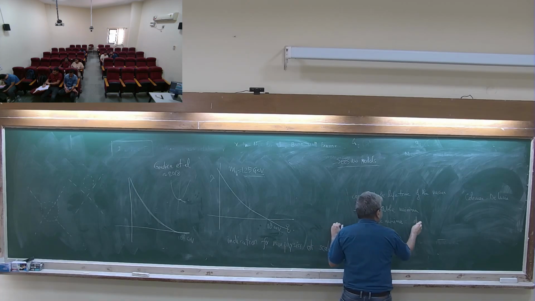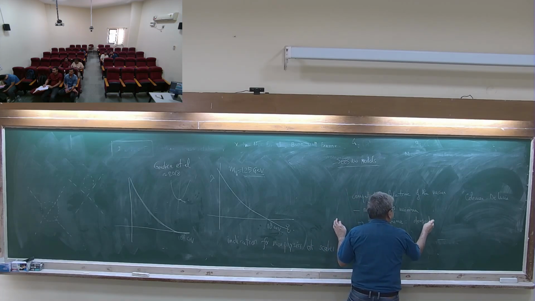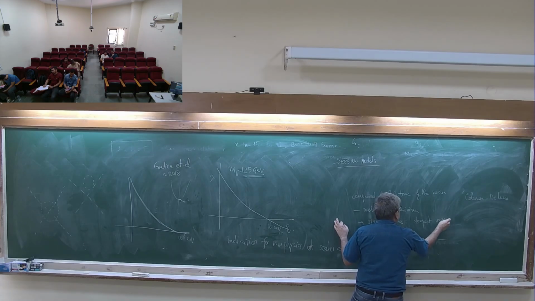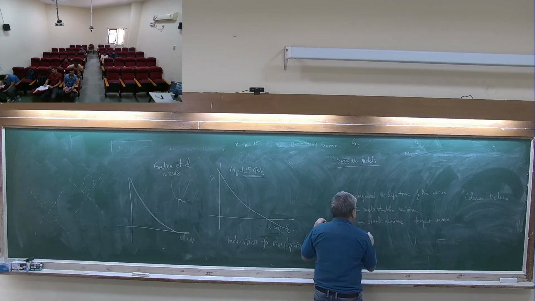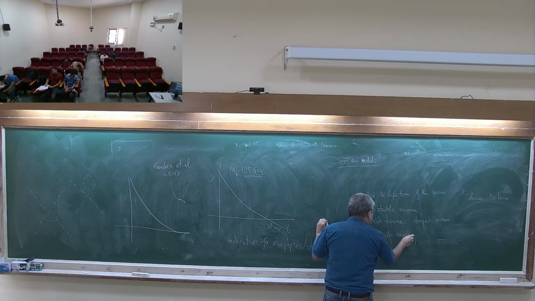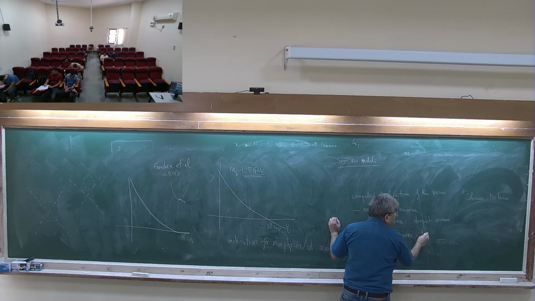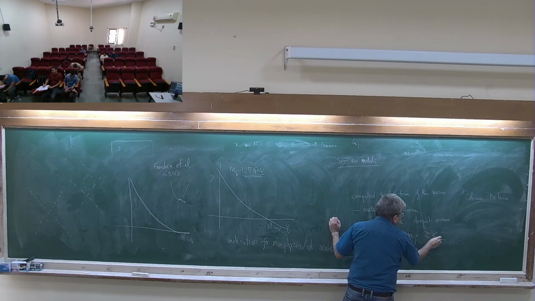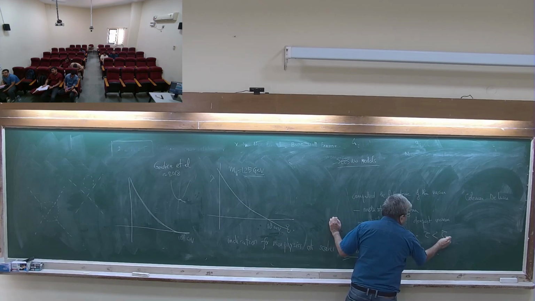This is the deepest vacuum, or the true vacuum. Unstable minima means lifetime less than tau universe.